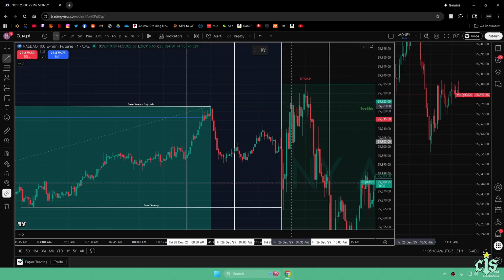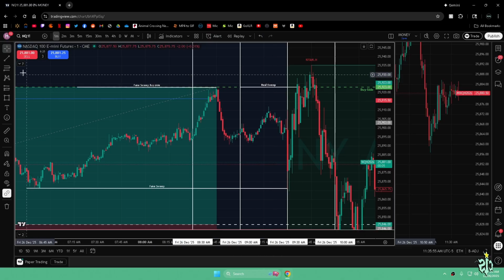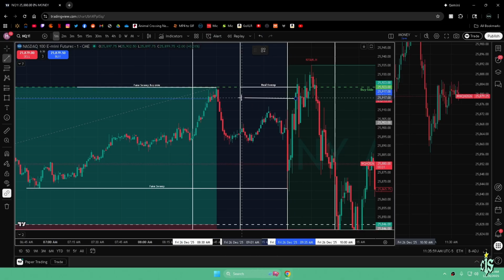And then right here is our real sweep of the highs and the buy side. Okay. Now keeping this in mind, we also sweep Asia highs, right?